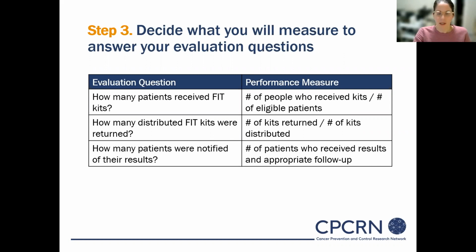We might measure it simply by counting the number of people who received kits and dividing that by the number of people who are eligible to get kits, so we can see how many we reached. And so on with the rest. So how many distributed fit kits, number of kits returned out of the number distributed. So you want to think about how you're going to actually quantify and measure something that shows you that you completed that activity.